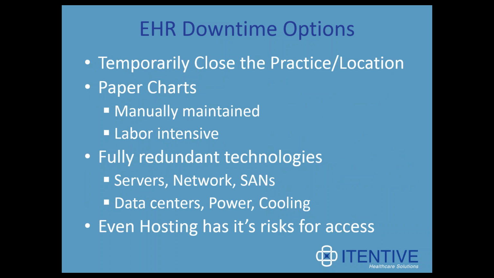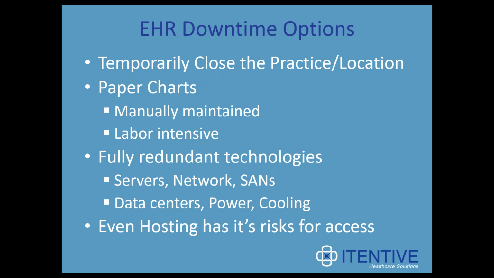So what are our options when we lose access to our EHR system? Well, we could temporarily close the practice and location until the system comes back up. We could go to paper charts, but because we've become so dependent on EHR systems over the years and haven't updated our paper charts, it becomes pretty difficult for us to do that nowadays.